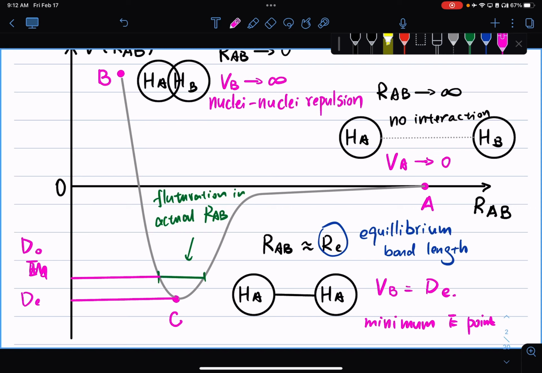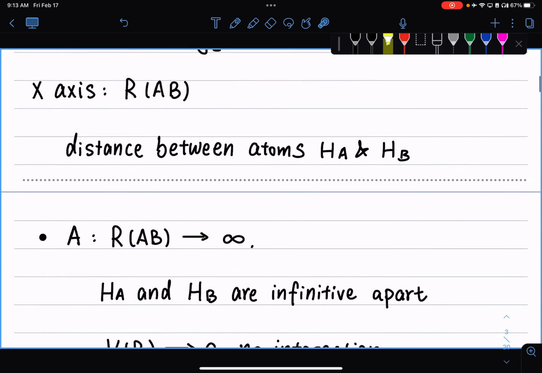All right, so what we're talking about here is the potential at this point C. We can never determine it exactly at point C. That comes from the Heisenberg uncertainty principle: delta X times delta P is larger than or equal to h over 4 pi. And in this case, your delta X and delta P can't be 0.